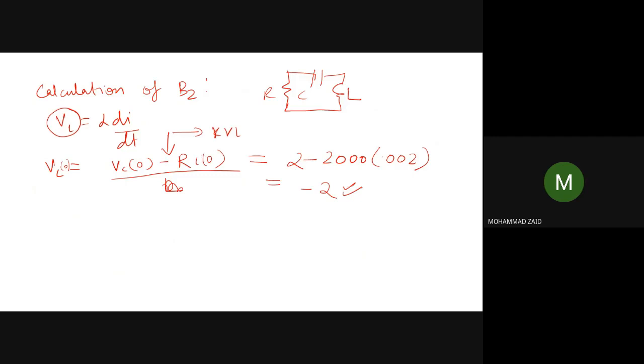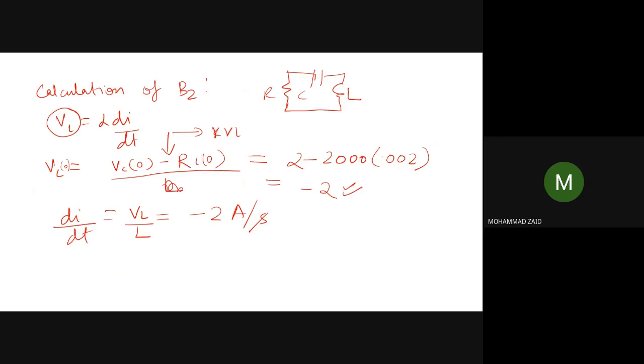Now when the KVL is written, we again apply the equation VL is equal to L di by dt. So di by dt will be equal to VL by L. And what is L? L is 1 Henry. So di by dt also becomes minus 2 ampere per second. Okay, so that means this much is known.